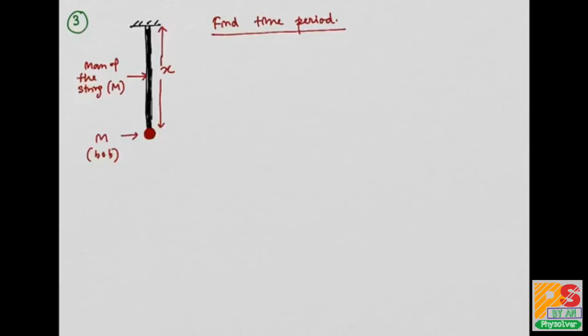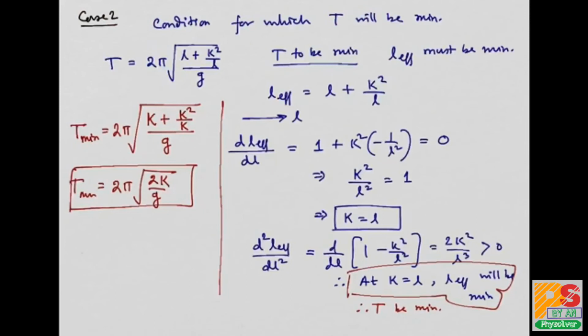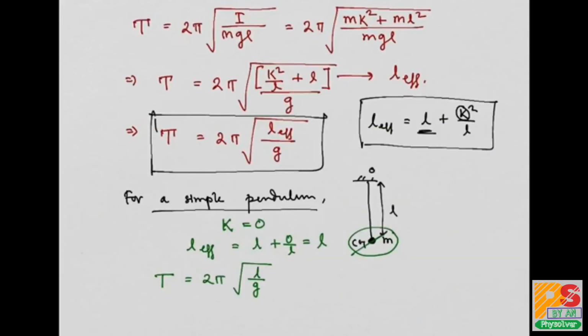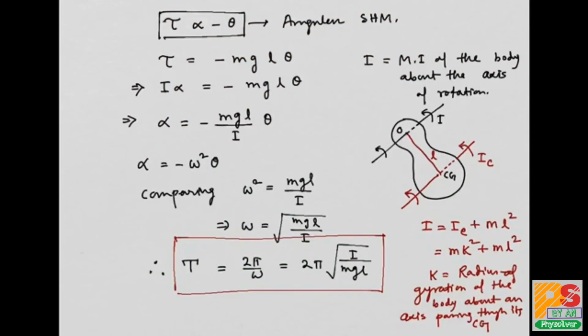Now in this kind of question I always suggest you use the basic formula. The basic formula is simple, 2 pi root over I by mgl, right?